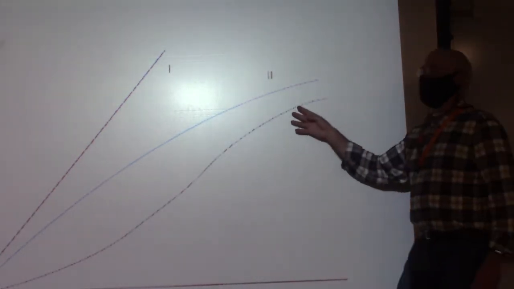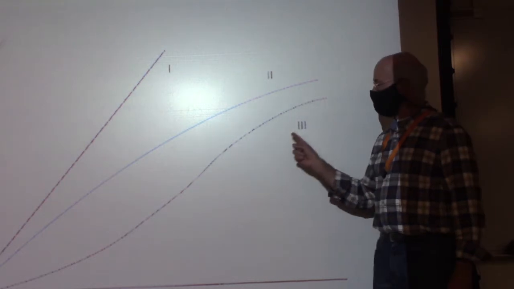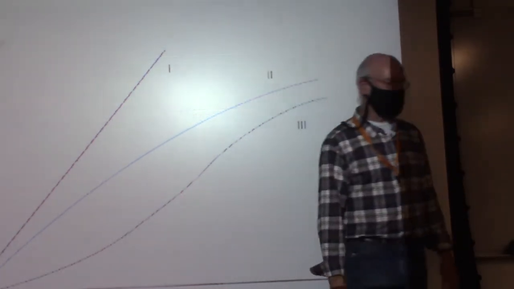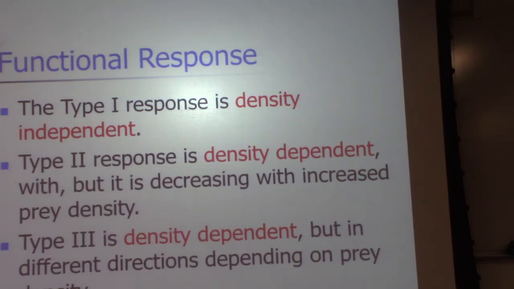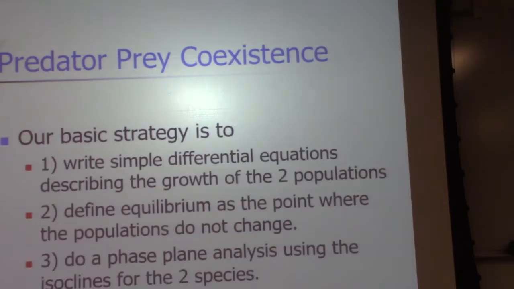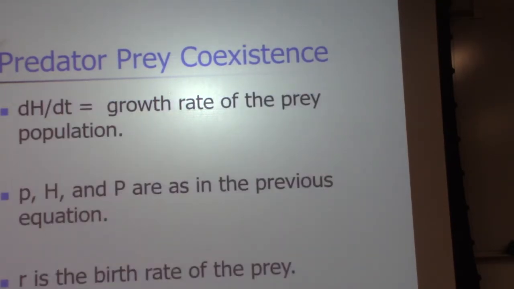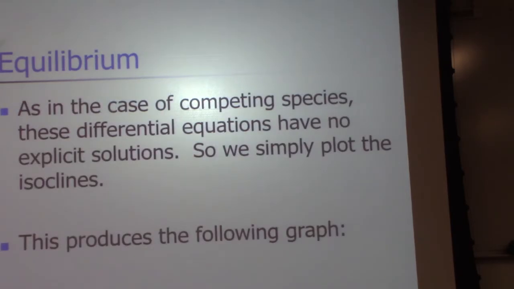The reason these things are important is because the type 3 functional response is the most interesting. That's the one which has the potential to regulate prey populations. And that has implications for these stable limit cycles and how predation works.